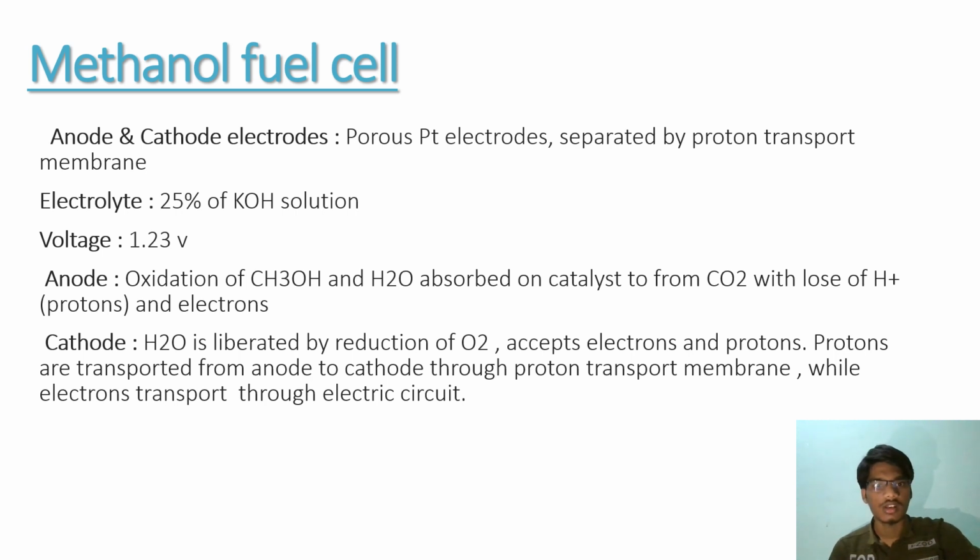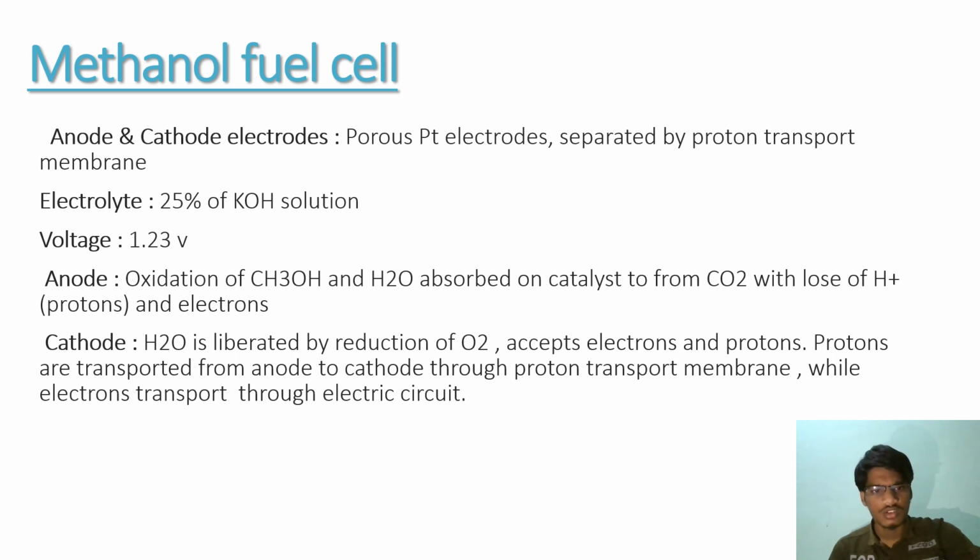Anode and cathode electrodes: porous platinum electrodes separated by a proton transparent membrane. The electrolyte is 25% KOH solution. Voltage is 1.23 volts. Anode: oxidation of methanol and H2O absorbed on the catalyst to form CO2 with loss of protons and electrons.